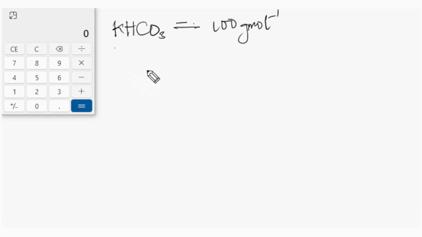And then we are also given the molar concentration here, and that's 0.42 moles per dm cube.